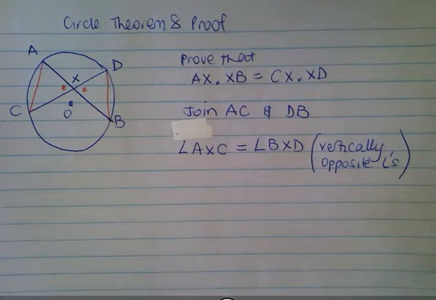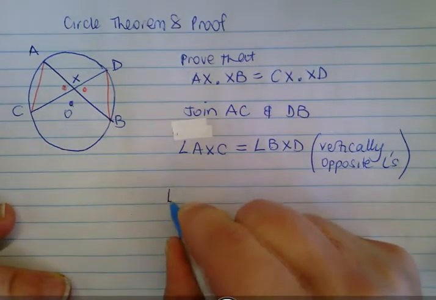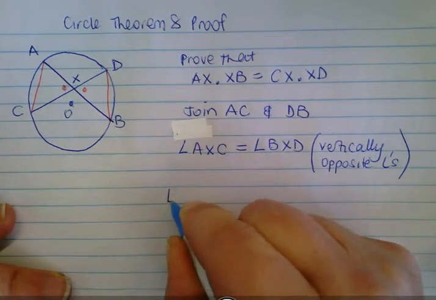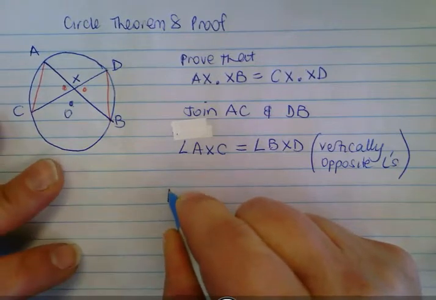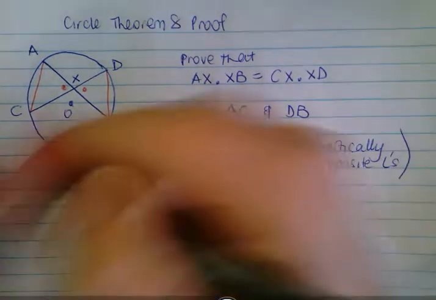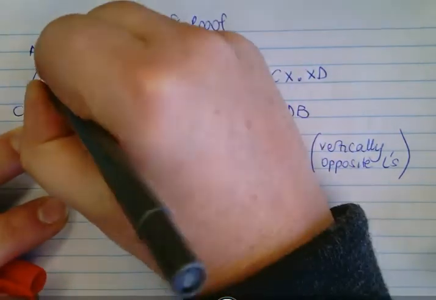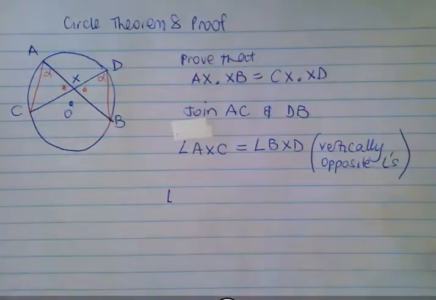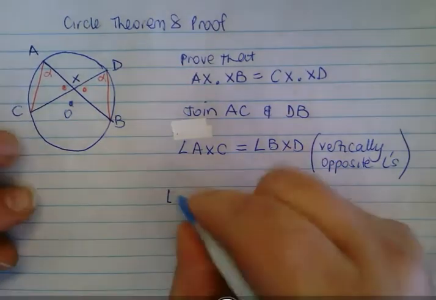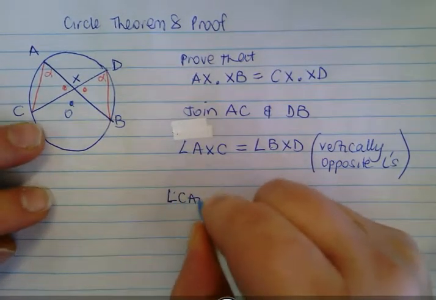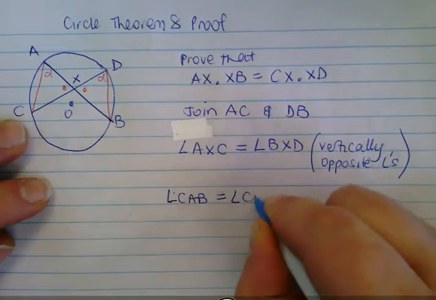Now, they're not radii, so we can't do equal radii. We're going to have to try some of our circle theorems. What about angles at the circumference subtended by the same arc? I'm going to call that alpha and alpha. So angle CAB equals angle CDB.